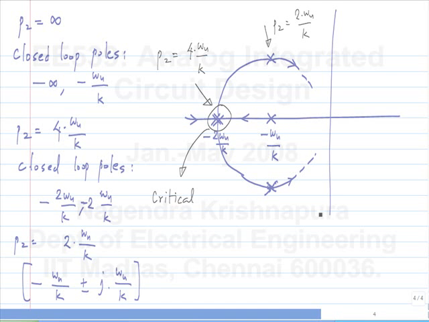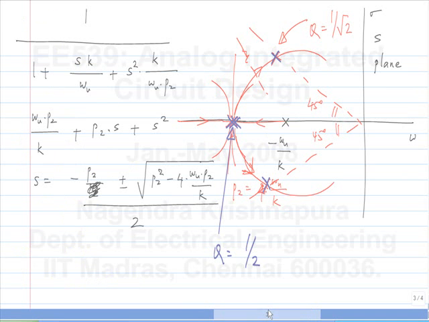Elliptical. Why? X square. It's not a circle. Why do you say that?